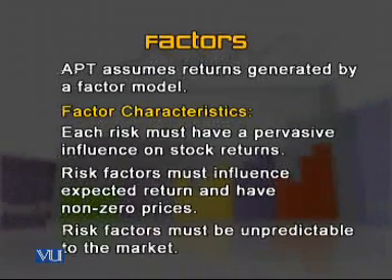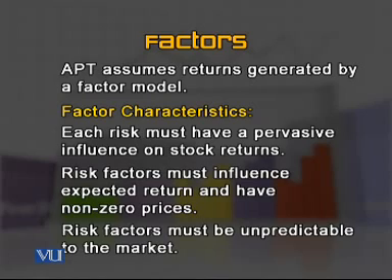It's all unpredictable. And APT assumes returns generated by a factor model. And the characteristics include that each must have a pervasive influence on the returns of the stock. Whatever we're doing in the stock market revolves around capital gains, returns, interest, dividends, and the future, invested today.